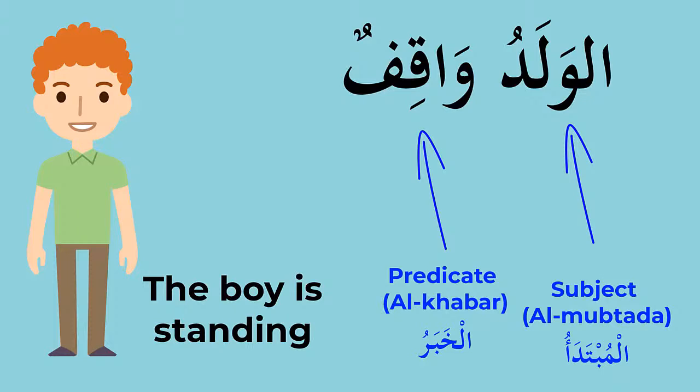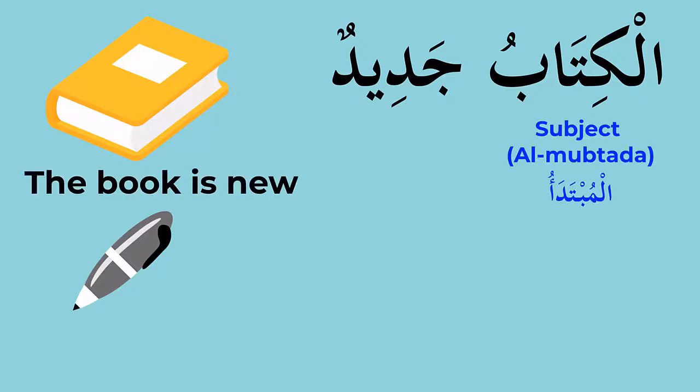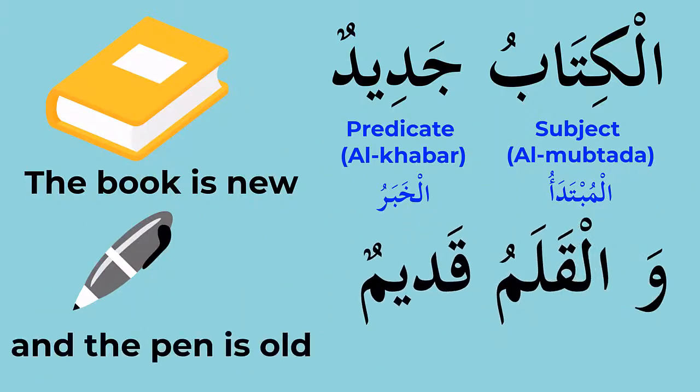Al-kitabu, what is it? Al-kitabu jadidun. Al-kitabu is the mubtada, jadidun is the khabar. The translation is, the book is new. Wal kalamu, and the pen, qadimun, that is your khabar.